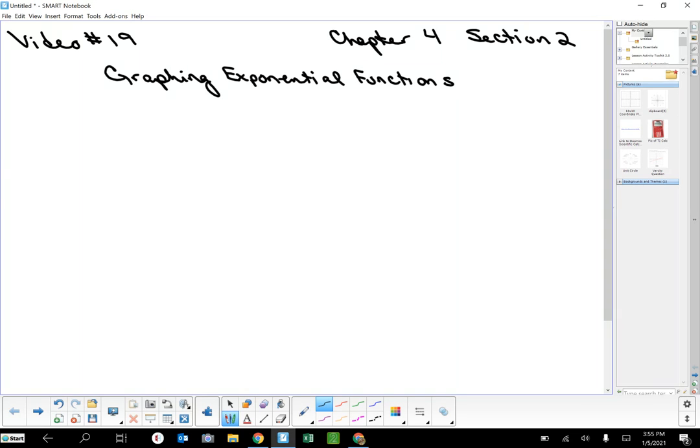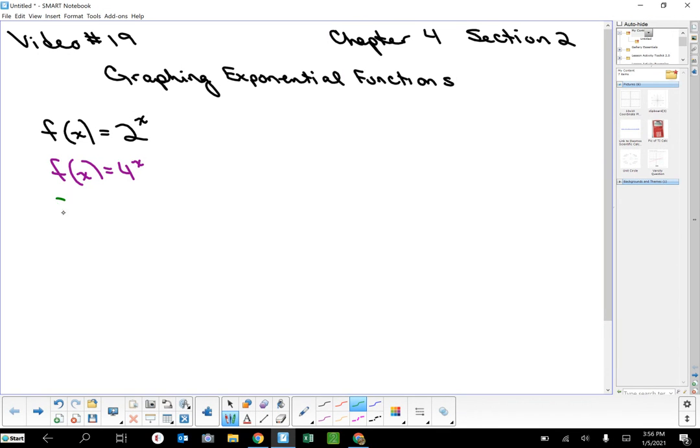And the first thing I want to do is actually connect a keyboard and take you over to Desmos, where I just want to graph a couple of exponential functions. And these are the functions I'm going to graph. I'm going to graph f of x, or remember that means y, equals 2 to the x. I am going to graph f of x equals 4 to the x.